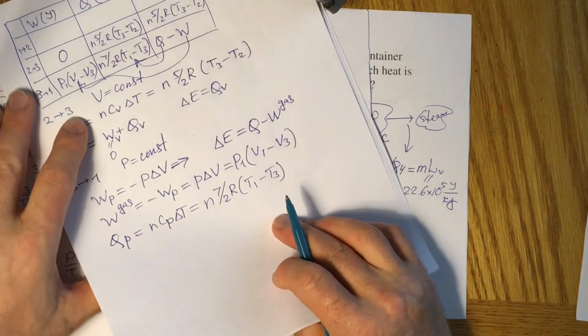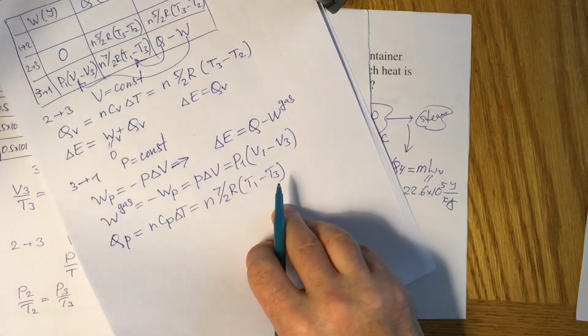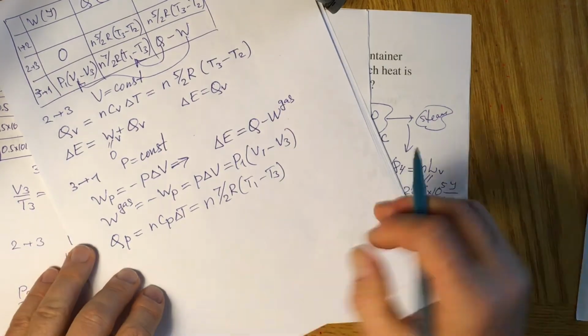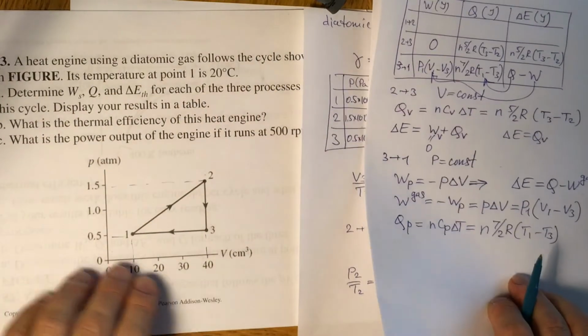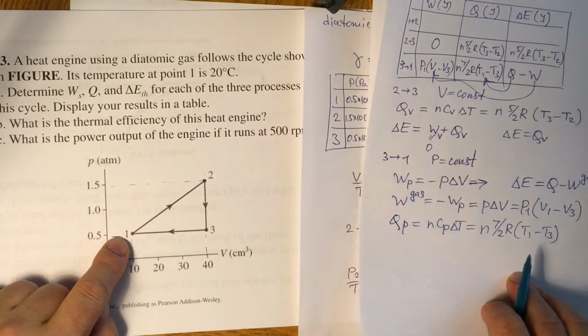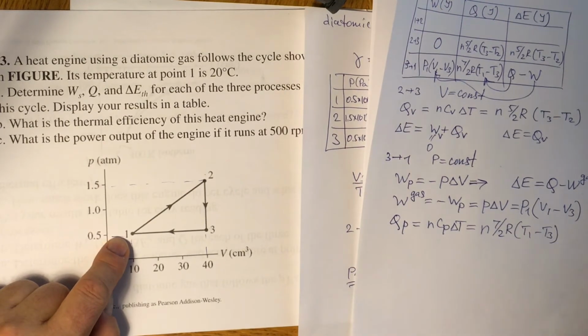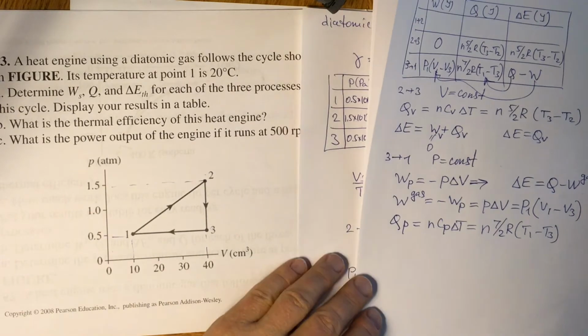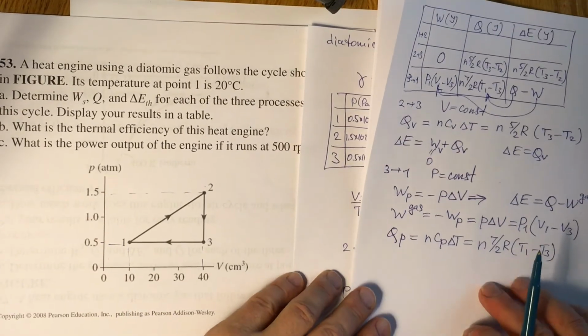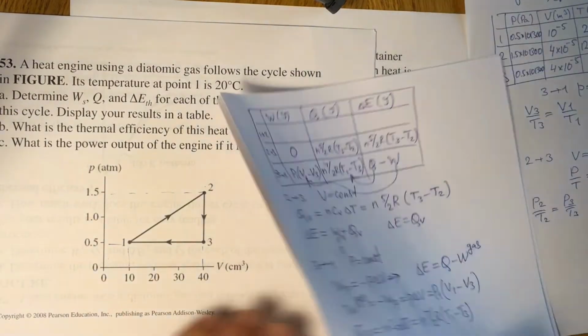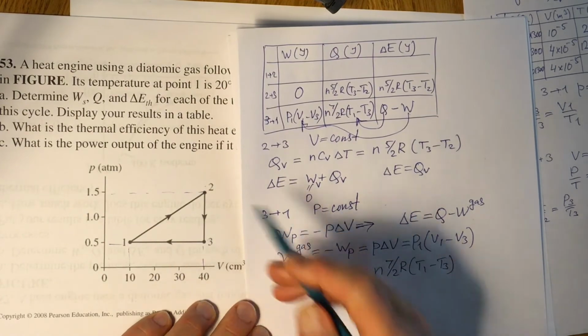Now the most important thing: how to deal with the first row, in which we have an arbitrary process, which is neither isothermal, nor isobaric, nor isochoric, nor adiabatic. So what to do in this case? First of all, you know that the work is the area under the graph.